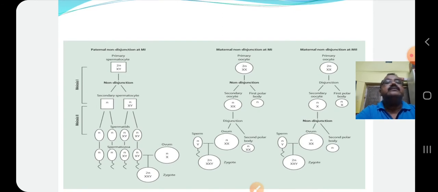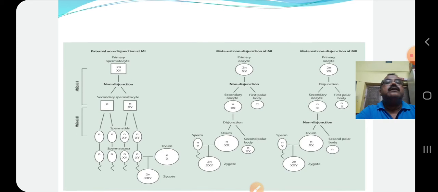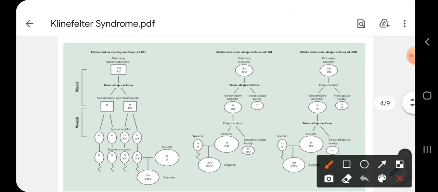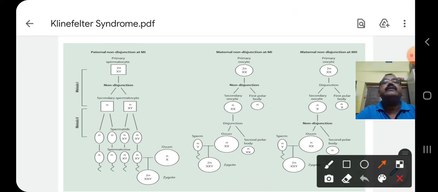Here you can find the result of non-disjunction. You find paternal non-disjunction at meiosis 1. Here is the non-disjunction during the formation of the secondary spermatocyte.